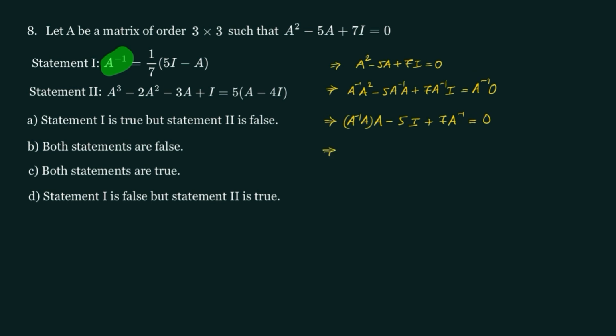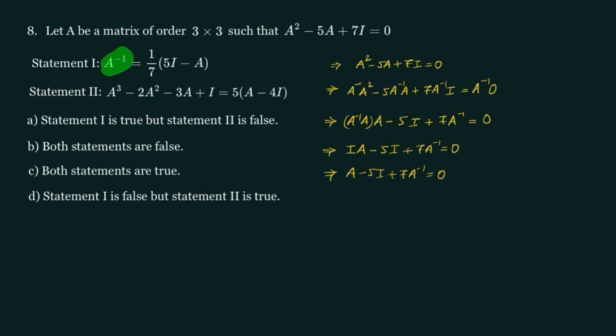So this implies A inverse A is the identity matrix, into A, minus 5I, plus 7 A inverse equals 0. This implies I times A is A only, minus 5I, plus 7 A inverse equals 0.